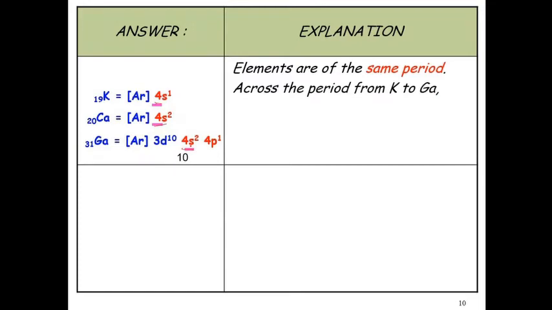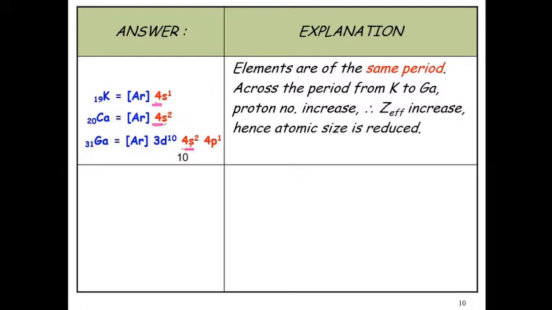Across the period, from potassium to gallium, the proton number increases, the effective nuclear charge increases, hence the atomic size is reduced. So the arrangement for the size is: potassium is bigger than calcium, and calcium has a bigger size than gallium.